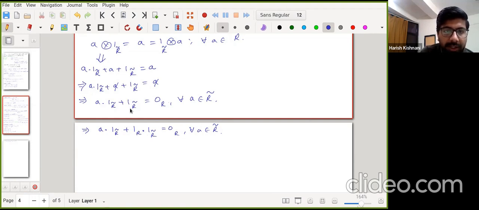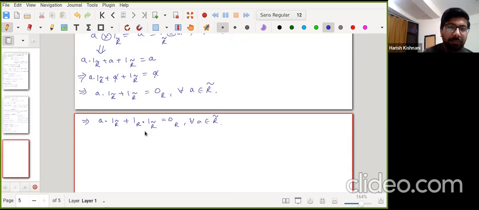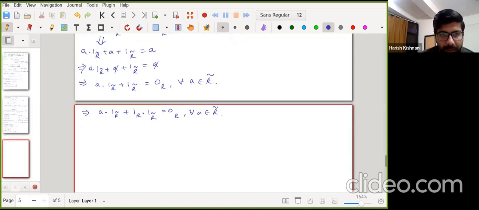So I can write 1 of R tilde as 1 of R dot 1 of R tilde, because this multiplication is in the original ring R. So this step is clear. I'm just writing an element A as 1 dot A. Okay, that I can do. So now you can take this 1 of R tilde outside, right?